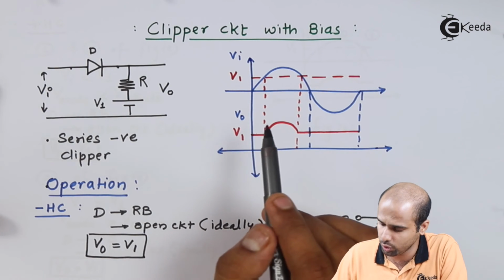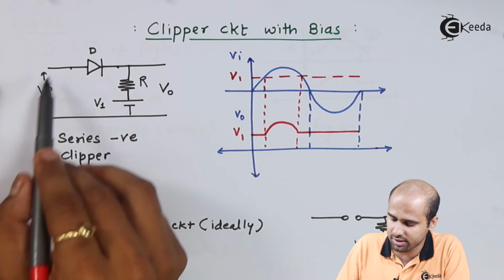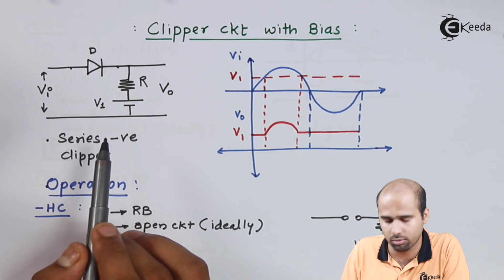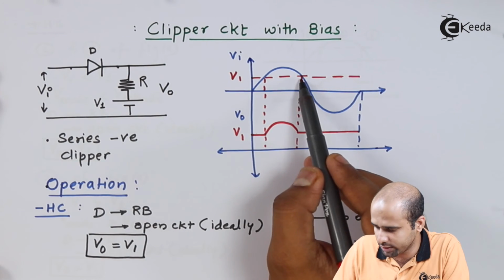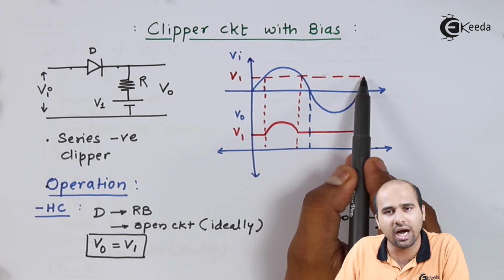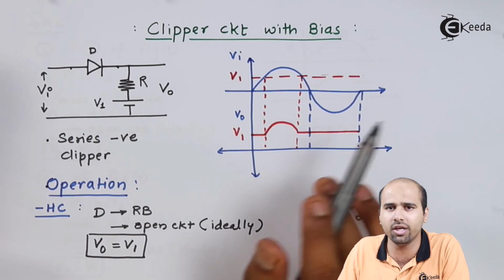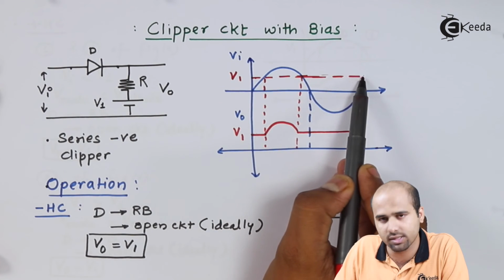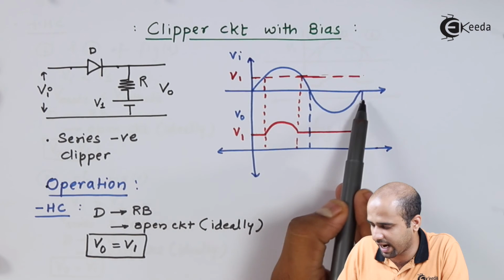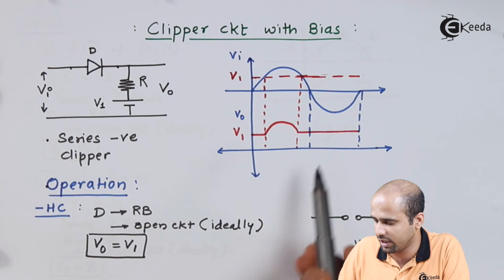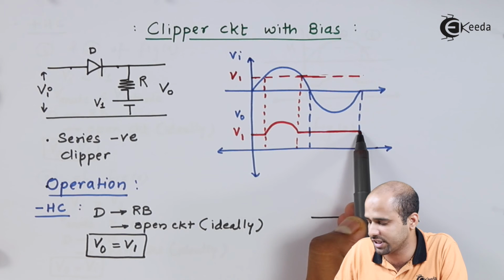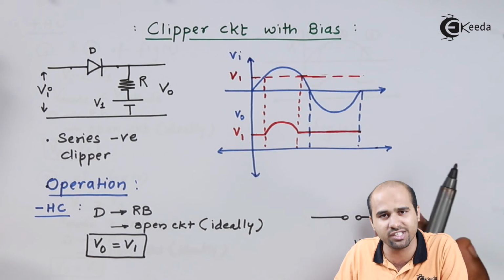Now I know that this complete circuit is nothing but a negative clipper, right? So below that particular value, I will clip off all the input signals. Below this, whatever input signal I had, I clipped off, and I converted this complete AC signal into a DC signal with a value V1. Very simple.